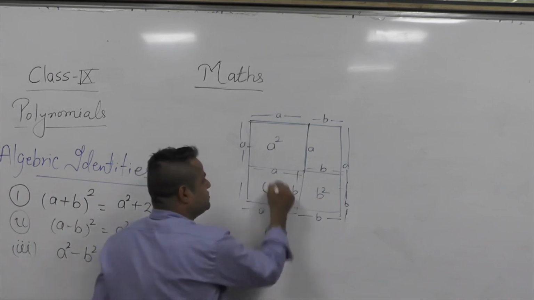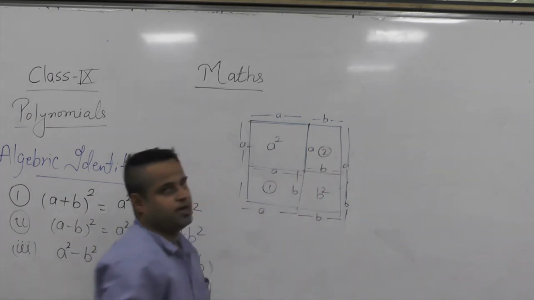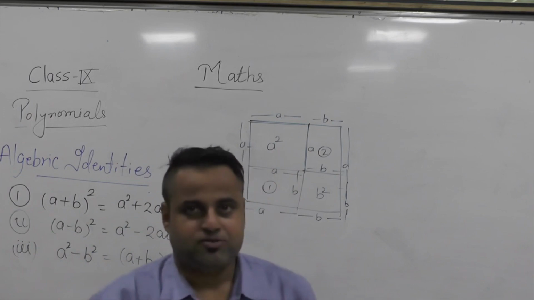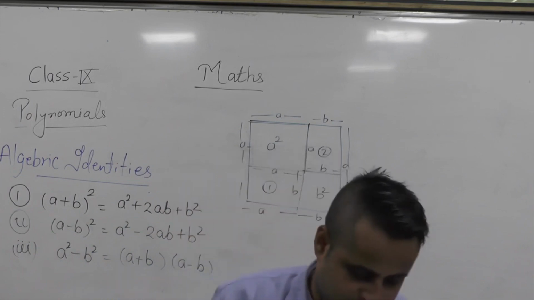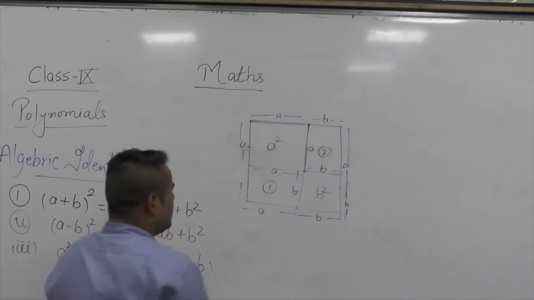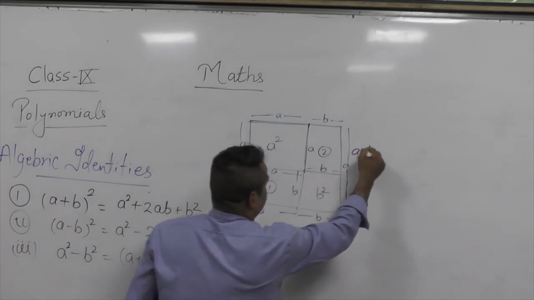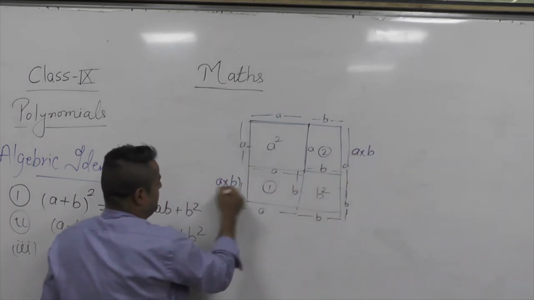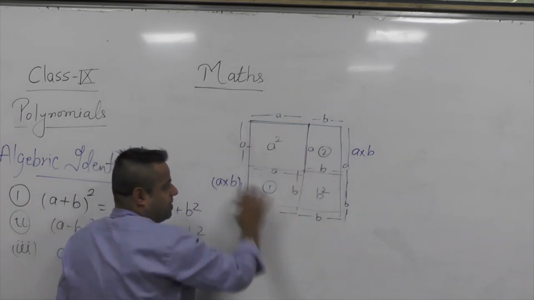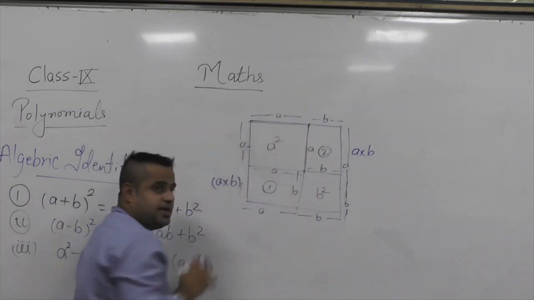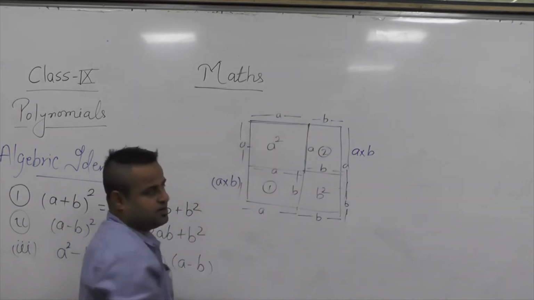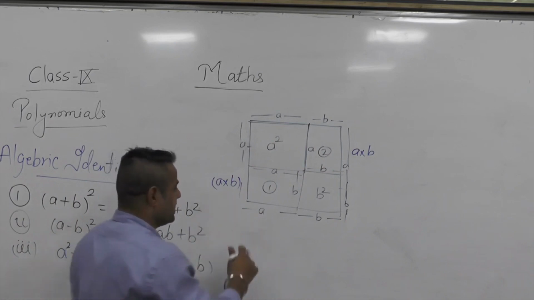Now if you see these other two shapes, they are not squares actually, they are rectangles of length A and B. So their areas are A into B, length into breadth, the area of a rectangle. Now by showing the areas of the different rectangles and squares, we are concluding it.